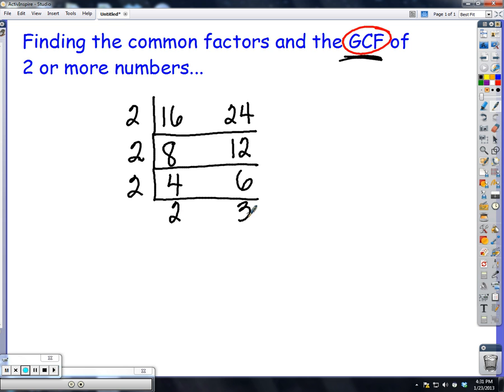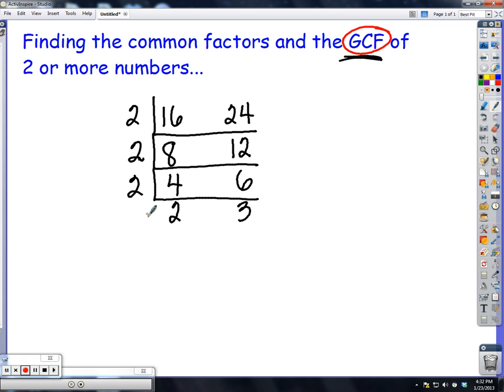But now, we can't use 2 because 2 will go into 2, but 2 does not go into 3 evenly. The only common factor now for 2 and 3 is a 1. When you get to the level where 1 is the only common factor, you are finished.